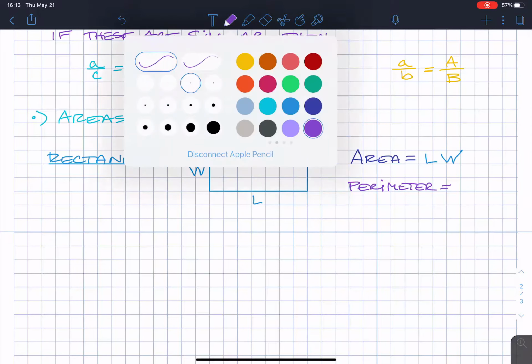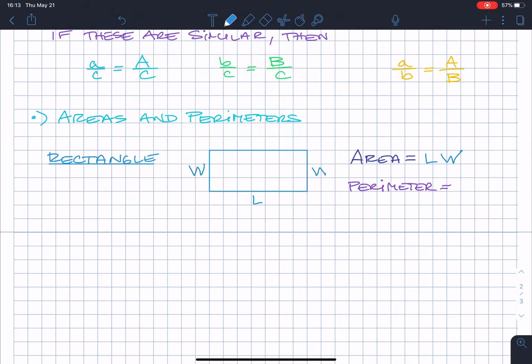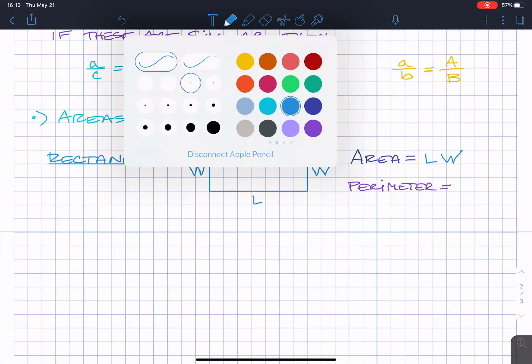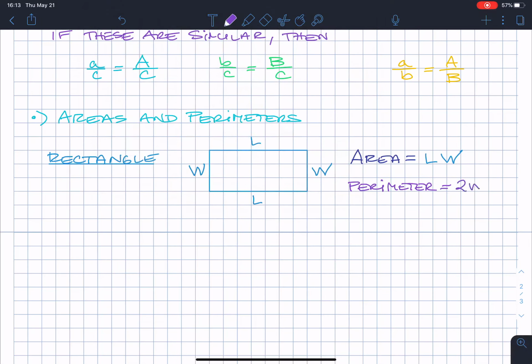So for us, if this is W and this is L, I'd have a W plus an L plus a W plus an L if I walk the whole perimeter. So that's 2 W's and 2 L's. So 2 widths plus 2 lengths. So that's the perimeter of a rectangle.